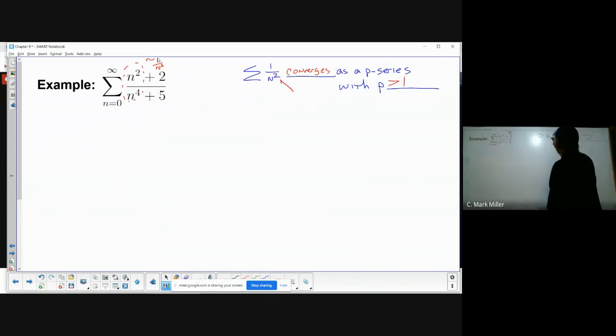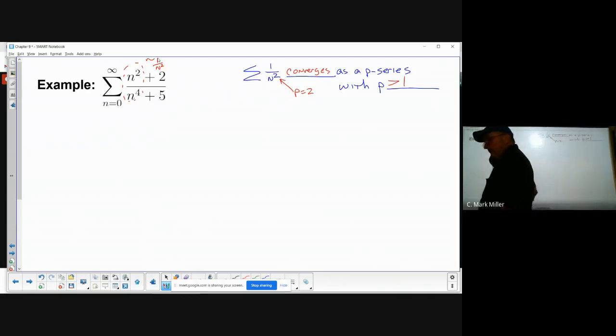This is p. So p less than or equal to 1, it diverges. Greater than 1, it converges.